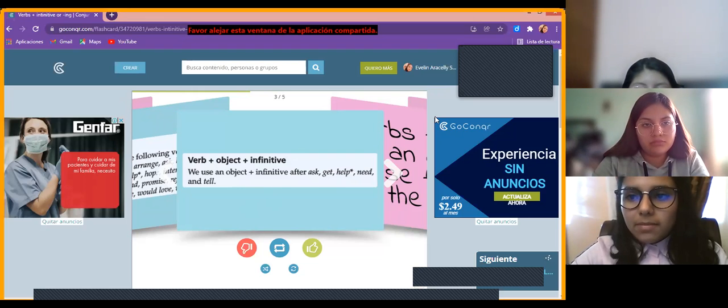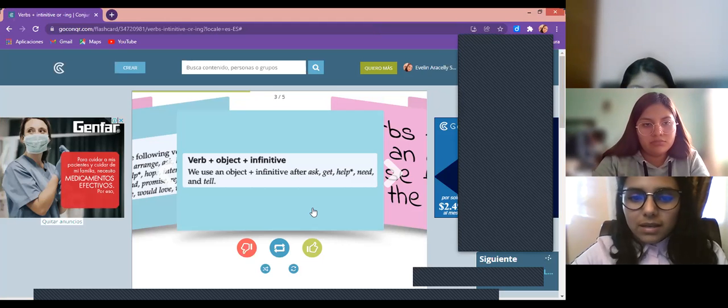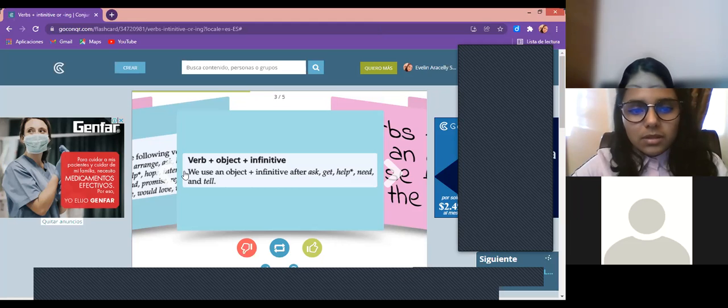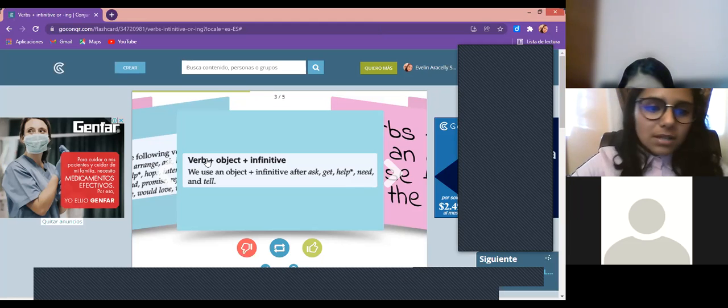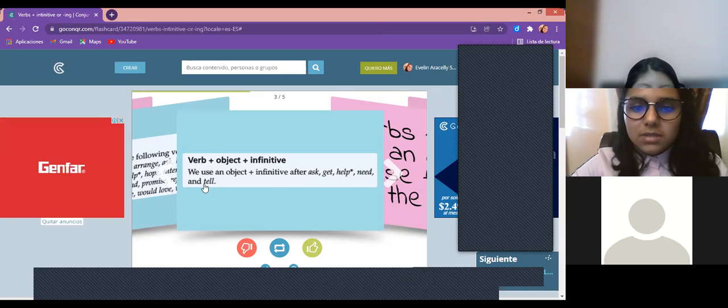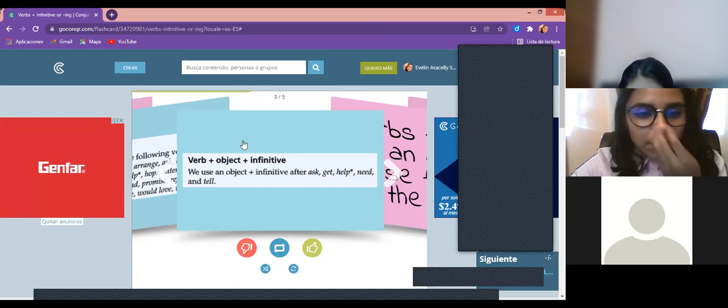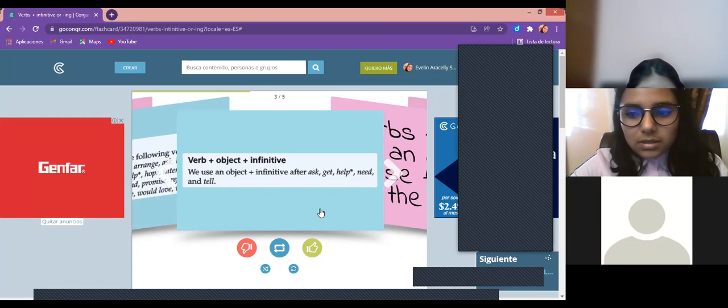So maybe Odalis, can you make a sentence using this structure? First, we have to put the subject, then one verb, then an object, and then we have to complement with a verb plus infinitive form. So could you make an example, please?